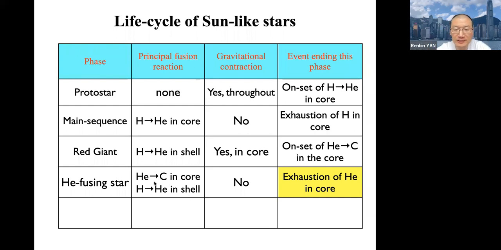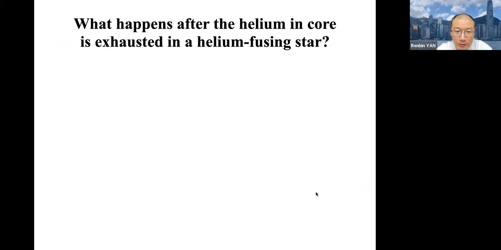And in that region where it is hot enough to fuse helium, you exhaust the helium. And when this is exhausted, what happens next? What happens after the helium is exhausted in a helium fusion star?